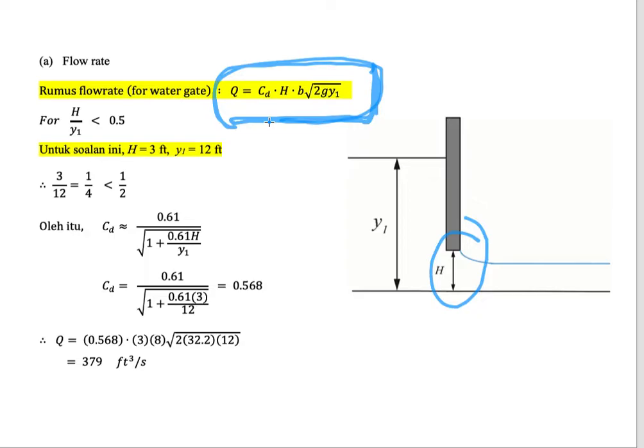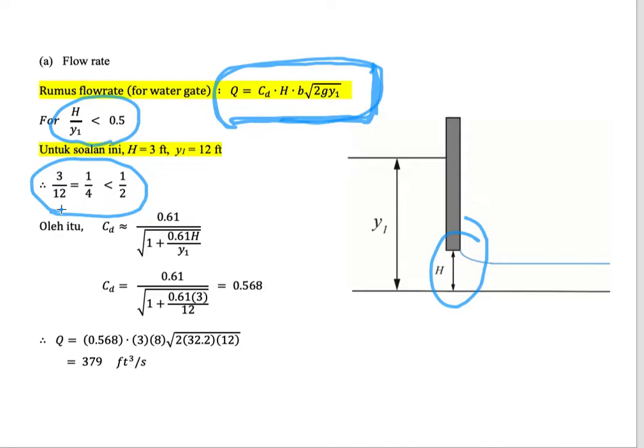So in this situation, we have a condition where H over Y1 is less than 0.5. Let's say we have H is 3 feet and Y1 is 12 feet. So we get the ratio is 1 over 4, which is less than 1 over 2, meaning less than 0.5.